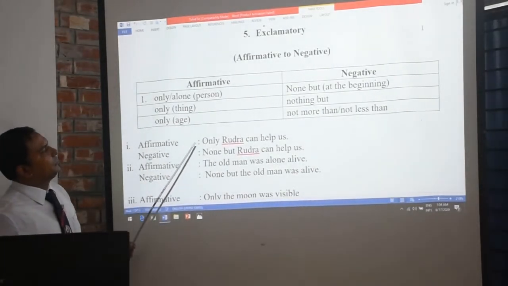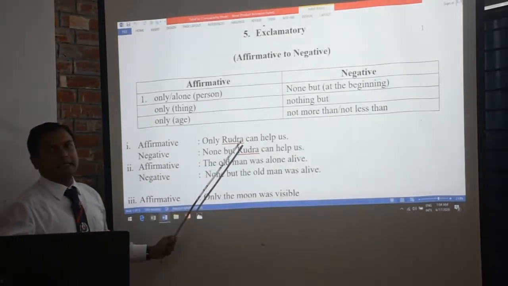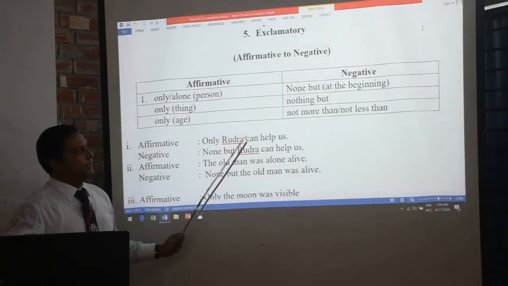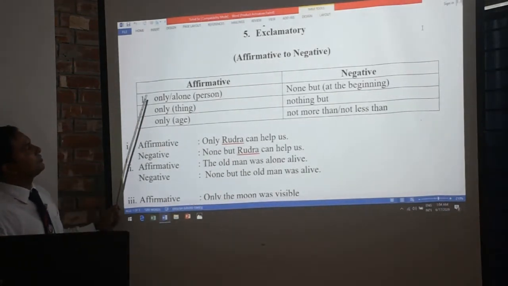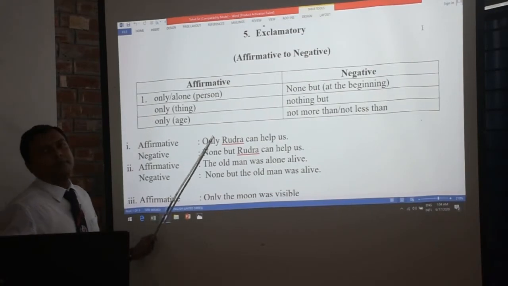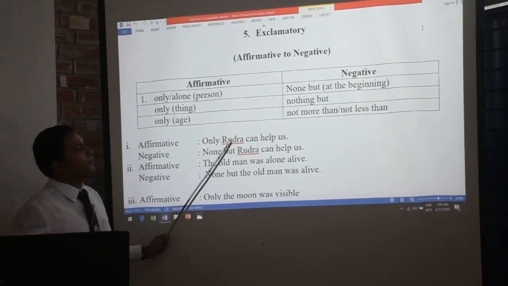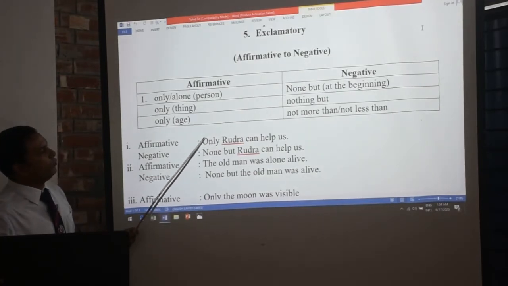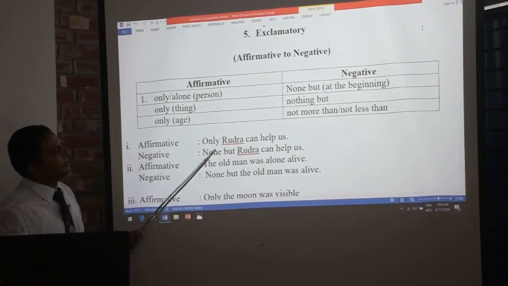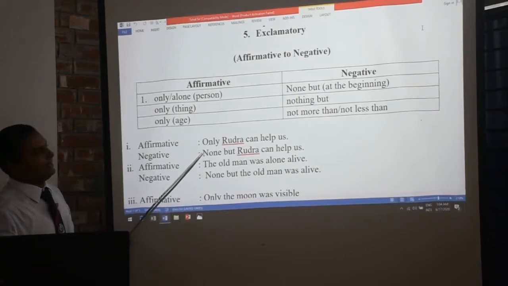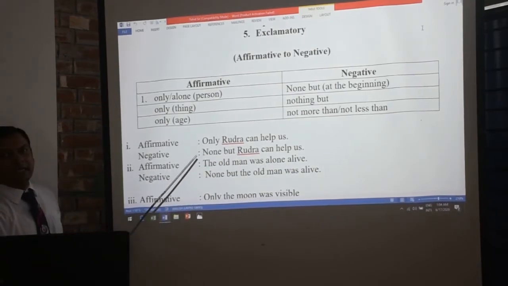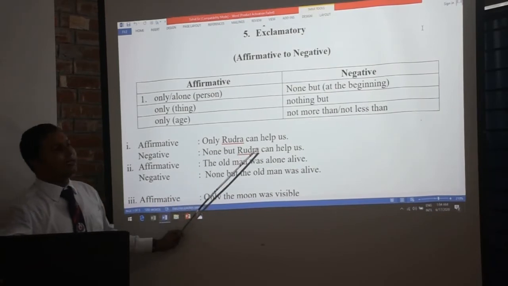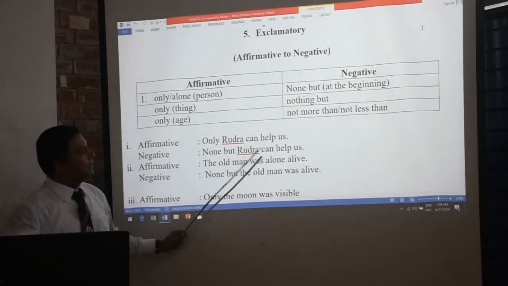See an example, only Rudra can help us. In this sentence, only means person because Rudra is the name of a person, so only will be replaced by none but, and none but stands at the beginning of the sentence. So the answer will be none but Rudra can help us.